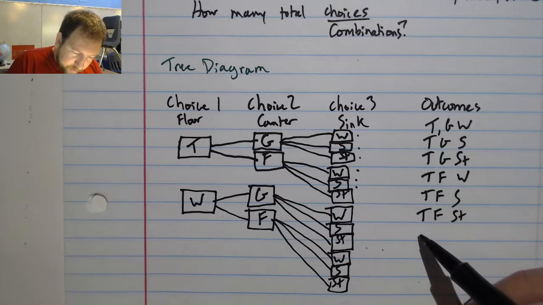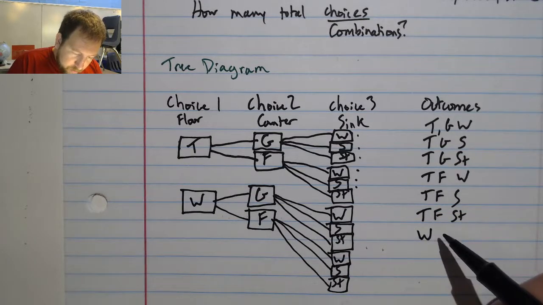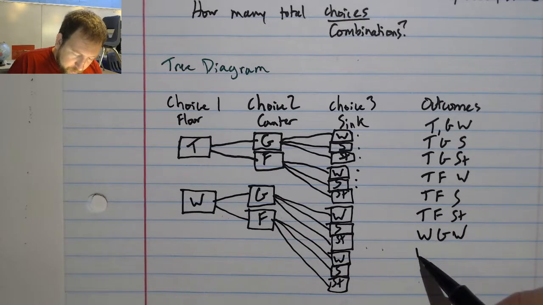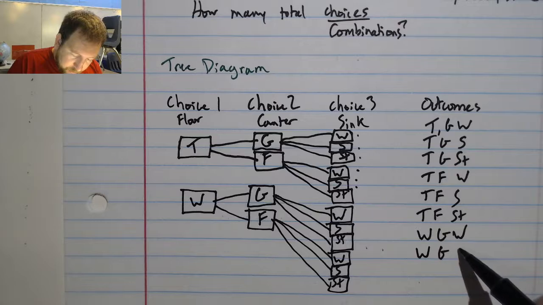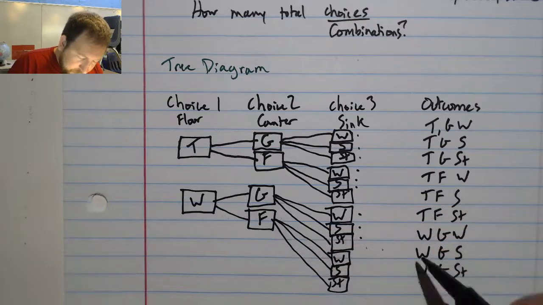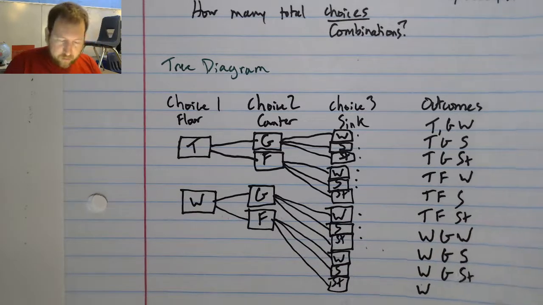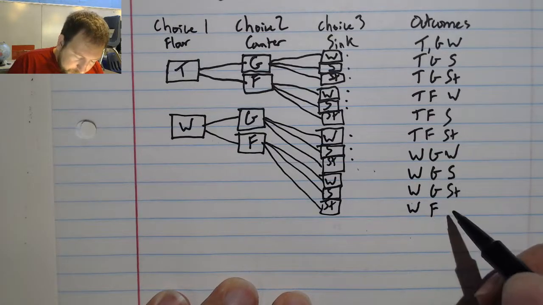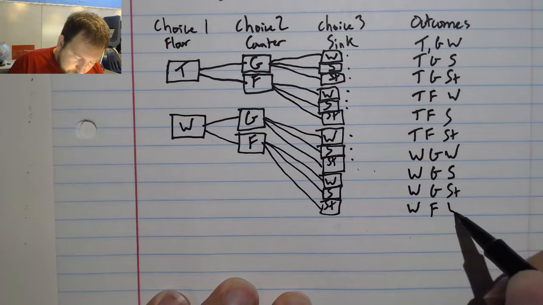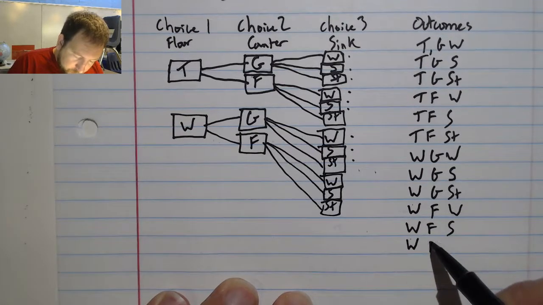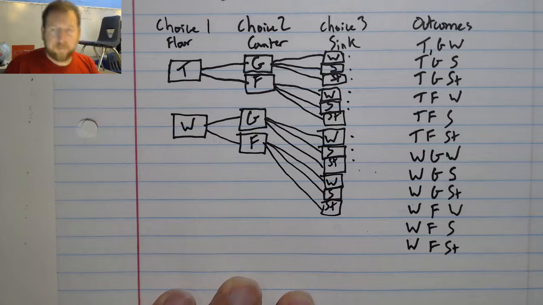I could go with wood, granite, white, wood, granite, steel, wood, granite, stone. And finally, wood, almost out of space, formica, white, wood, formica, stone, wood, formica, steel.